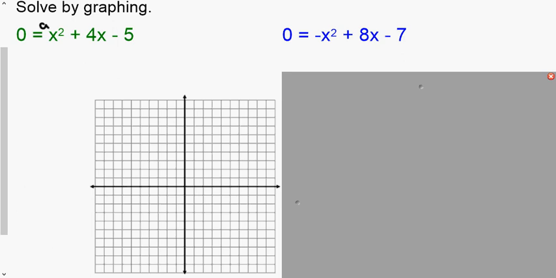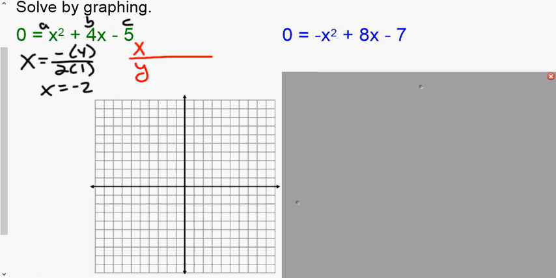So we have ax squared plus bx plus c. So to find the AOS, we do negative b over 2a. And you get negative 4 over 2. We get x equals negative 2. Again, you would plug that in to find the y value.